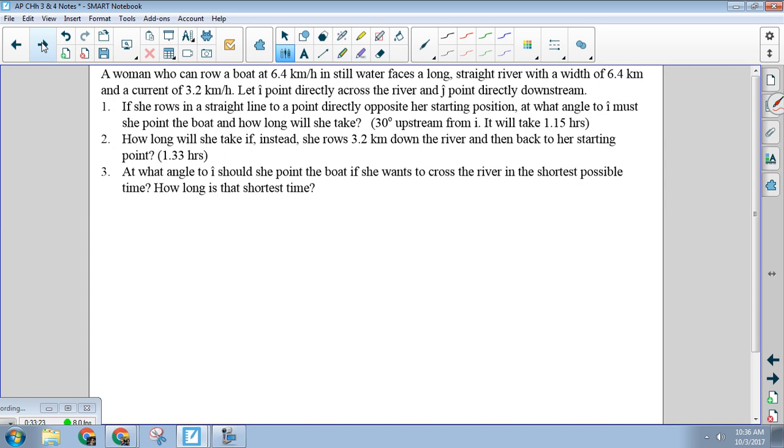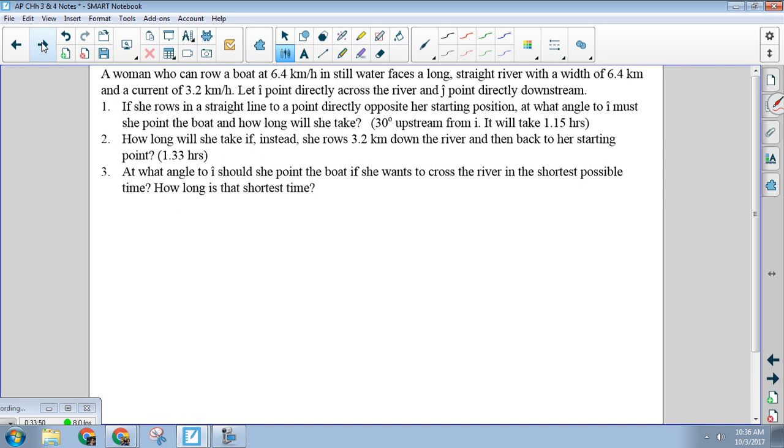All right. So find this page in your notes. It's about a woman in a boat. I think it's the last page right before you get to section 4.3. Everybody got it? So if you understand this idea of velocity of P relative to A equals P relative to B plus B relative to A, this is the same thing.